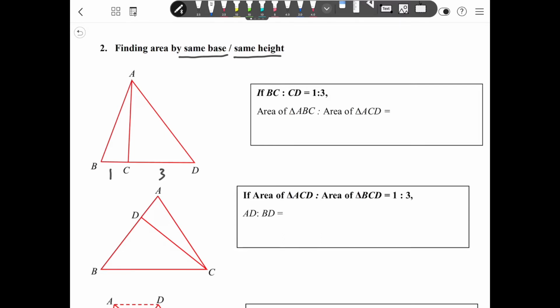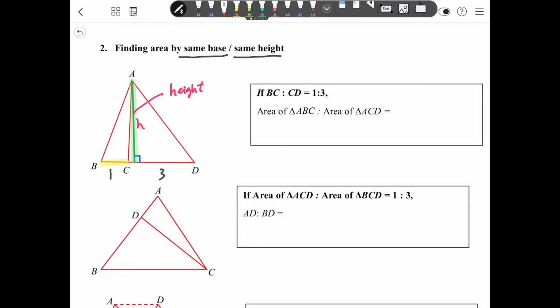We need to find out the area, so we need to find out the height and base. If I say BC is a base, may I know where is the height? It should be A, dropped perpendicularly to BD, right? So if it is a right angle, then I would say this one would be the height.